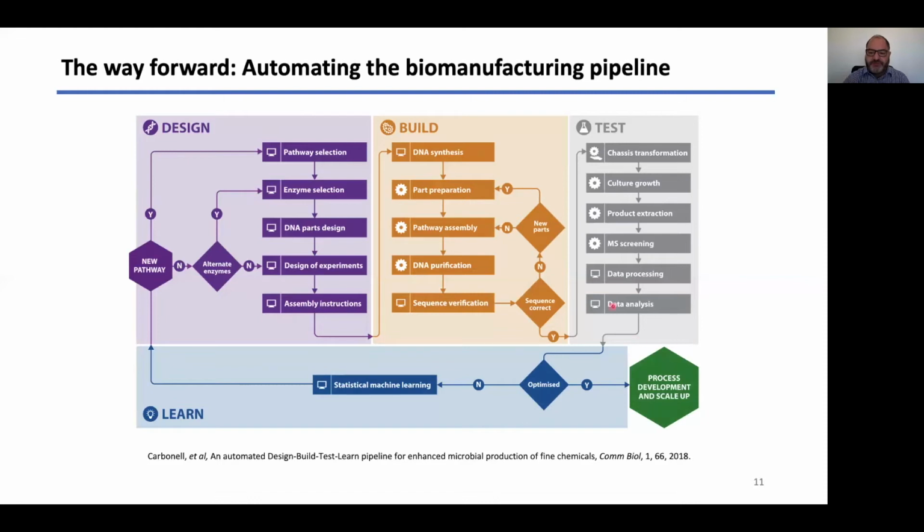And finally, once we know what is in the cultures, which metabolites and which molecules are present, we can train some machine learning system which is going to inform the design step again. Okay, so we can redefine the design rules that we use in our process.